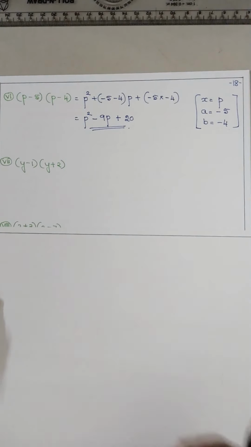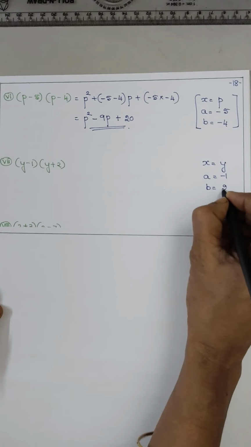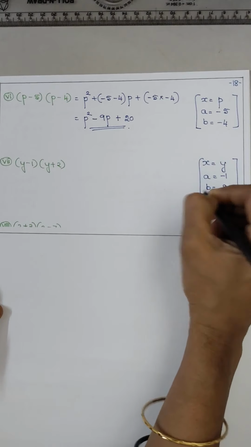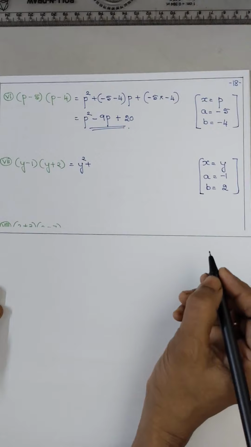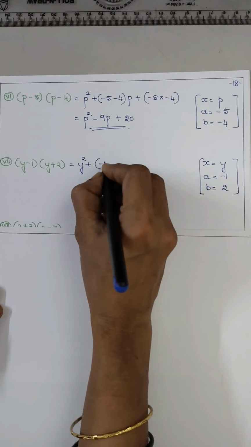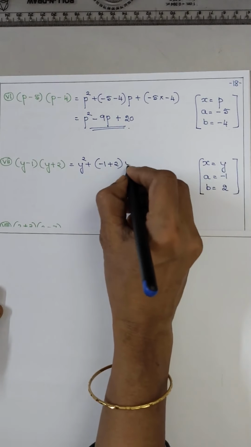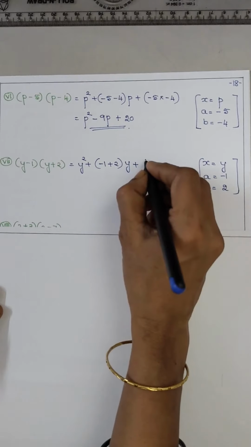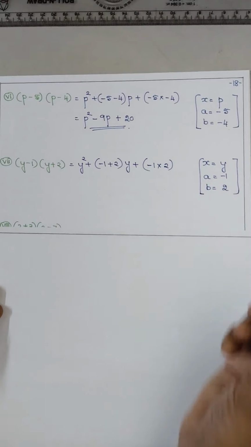Coming to the seventh sum. First term same, second terms are different. Fifth identity, x is equal to y, a is equal to minus 1, b is equal to 2. So it will be x², that is y², plus (a + b), minus 1 plus 2, isn't it, into x, that is y, plus ab, minus 1 into 2.